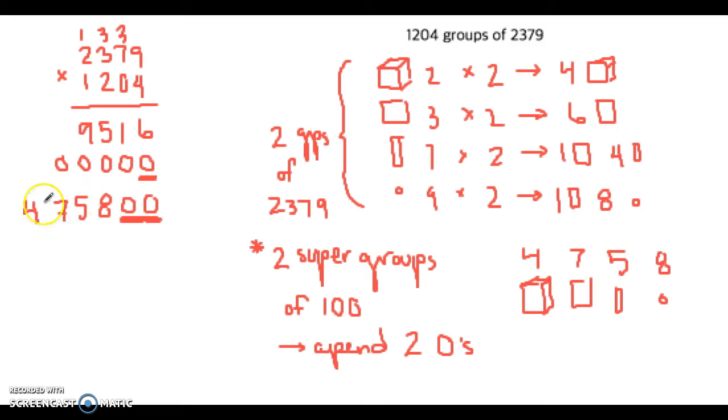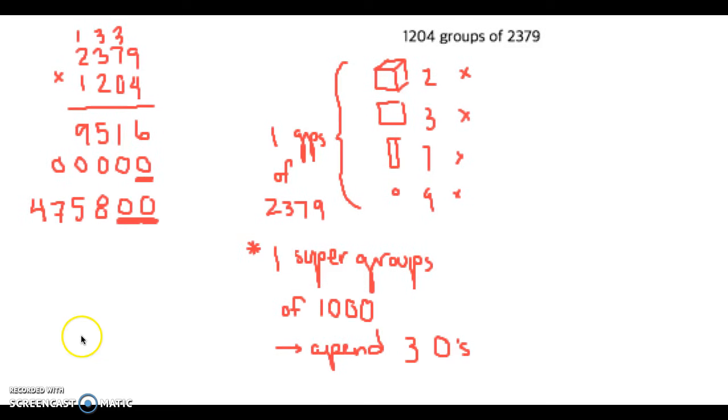So remember, everything moves over because we have 2 zeros here, because we're really multiplying everything by 200.